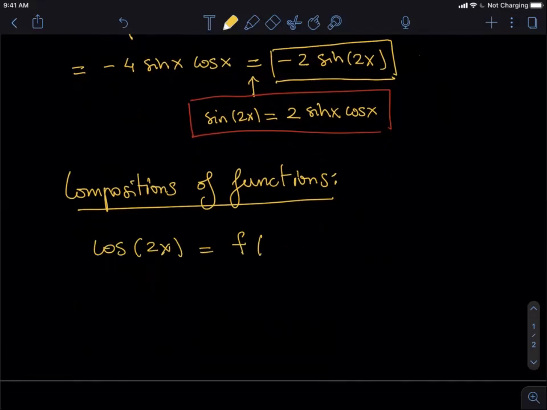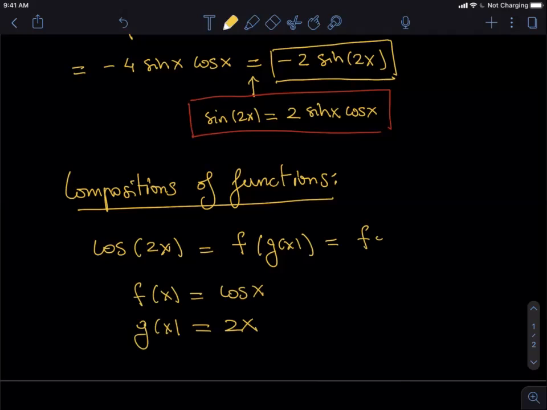This is f of g of x for f, which is the cosine of x, and g, which is the multiplication of x times 2, twice x, 2 times x. Okay, when I compose these two together, remember we say f composed with g, then I get my original function cosine of 2x.